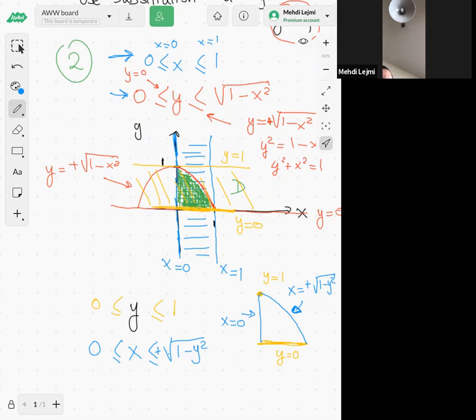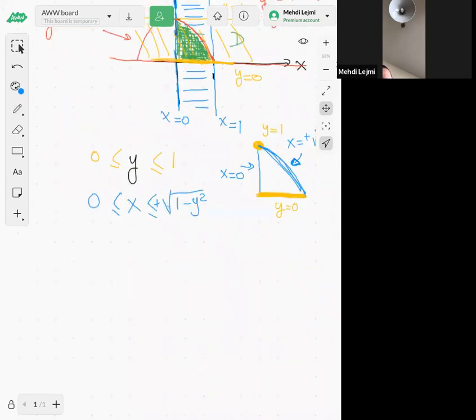So I have this segment, y equals 0, and this point where the y coordinate is equal to 1. Then I have to connect them using the graphs of two functions. I connect first using x equal to 0, and then I have this graph here, x equal to square root of 1 minus y squared. Anyway, there are no questions, so we can now change the order.